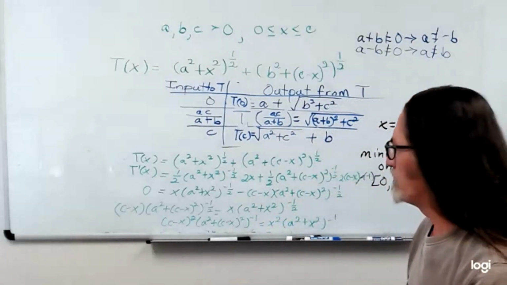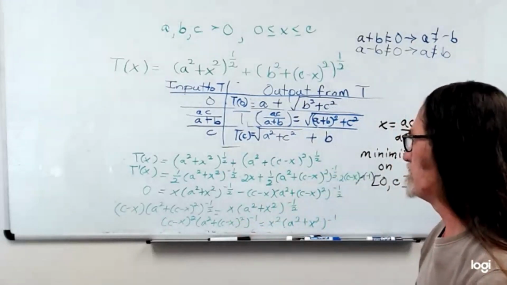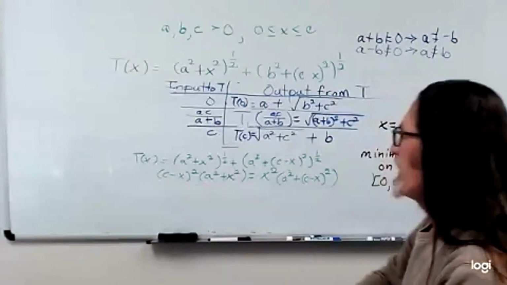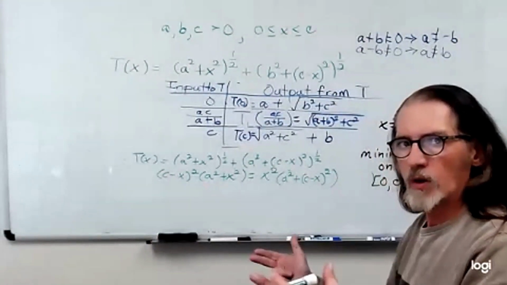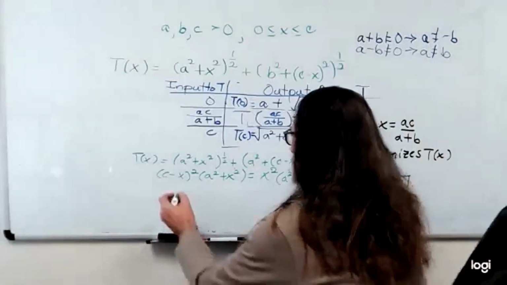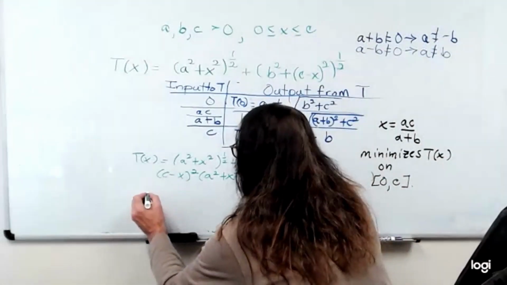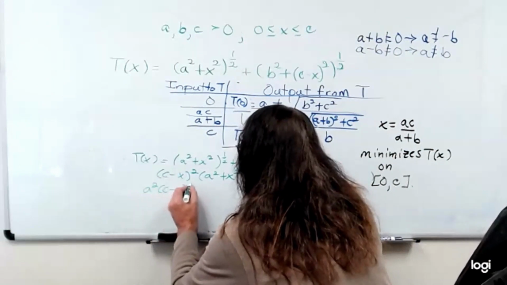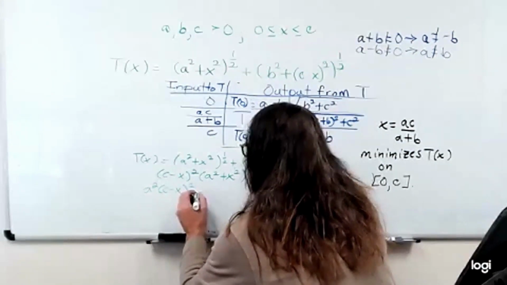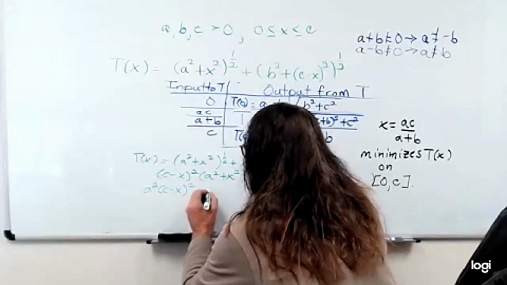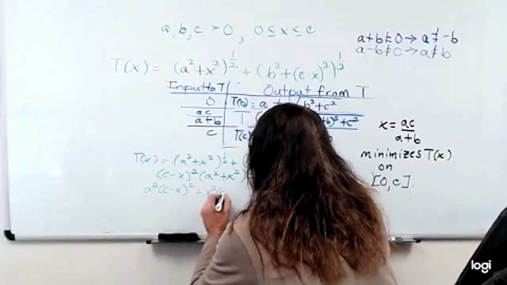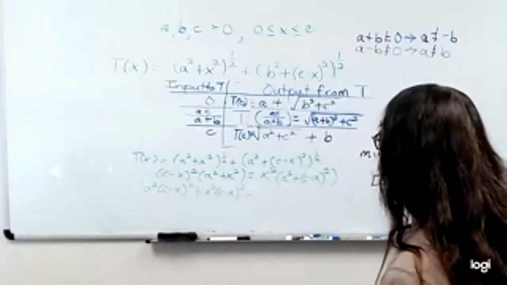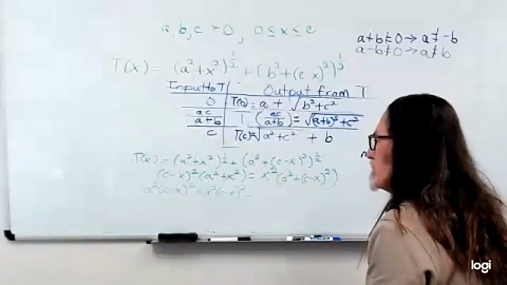Multiply both sides by something so that we don't see negative powers. Without expanding these c minus x quantity squared parts, let's just distribute it over here. And here, let's distribute the x squared.